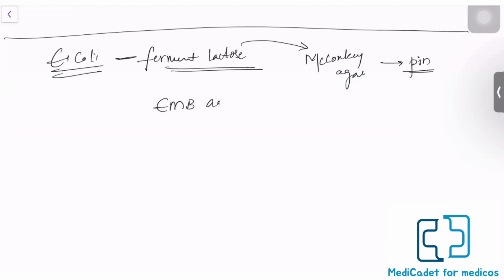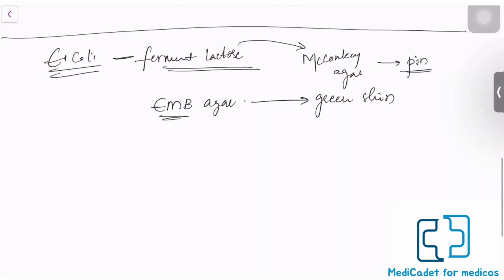I'll talk again about why we are discussing this green sheen on the EMB agar. There's one more bug which can cause a different color on EMB agar. EMB is eosin methylene blue agar. Here it will cause a green sheen, and MacConkey pink. So if you see these two things, green sheen on EMB agar and pink color on MacConkey, probably they are talking about E. coli.